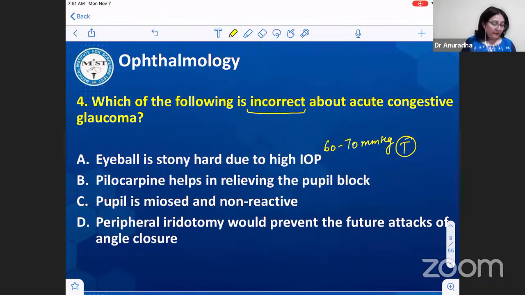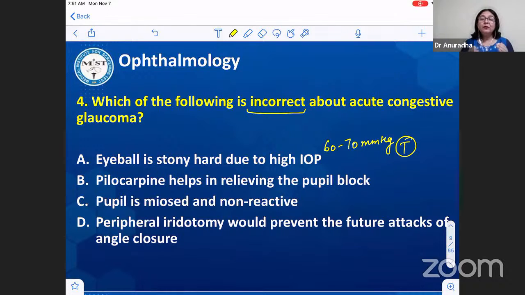The second statement: pilocarpine helps in relieving the pupil block. So yes, because if you remember, friends, the precipitating event in acute congestive glaucoma is when the pupil dilates. When the pupil dilates, the angle becomes totally closed due to pupil block.